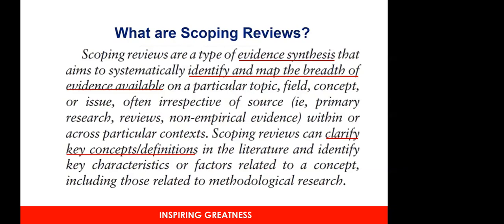And by source, they're talking about primary research, reviews, non-empirical evidence, as opposed to just a loose term. And this is within or across a particular context. It's also used to clarify key concepts and definitions in literature and to identify key characteristics or factors related to a concept, including those related to methodological research.